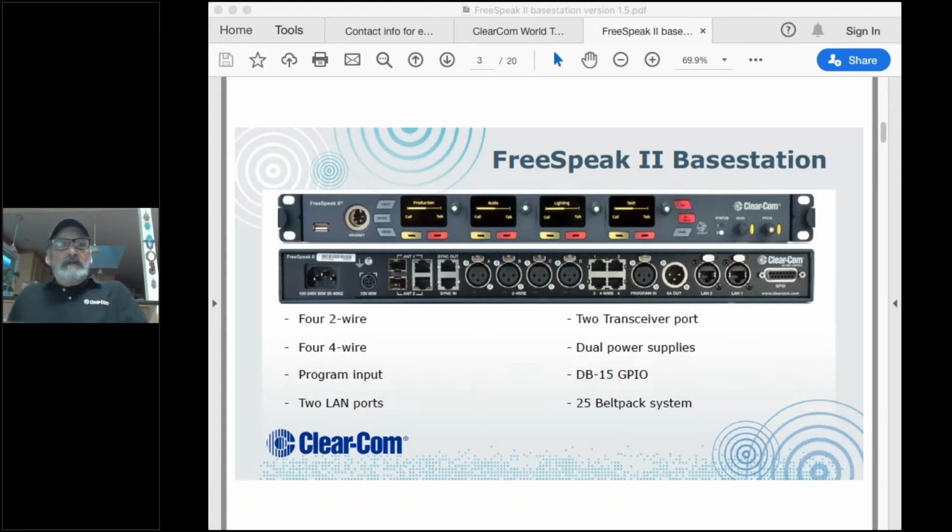However, Ram, let me just relate my experience using it in New York. First of all, you can use one standalone base with 25 1.9s and a second standalone base with 25 2.4s, if you want to increase the number of your belt packs in standalone.